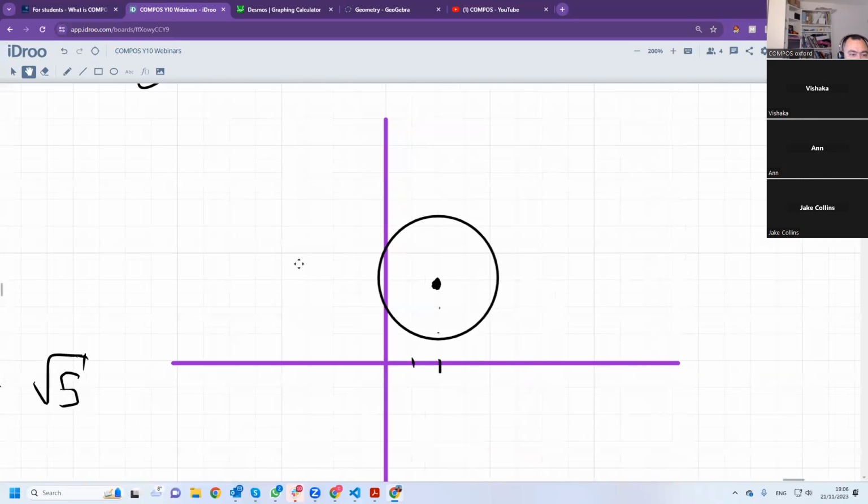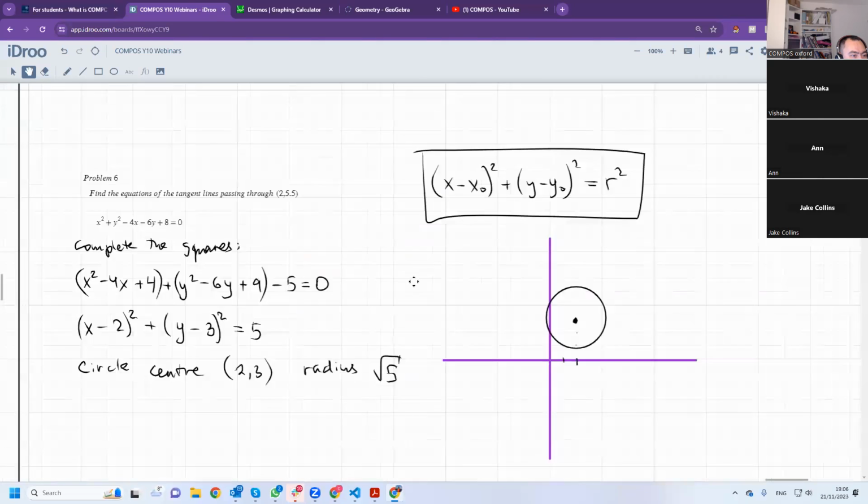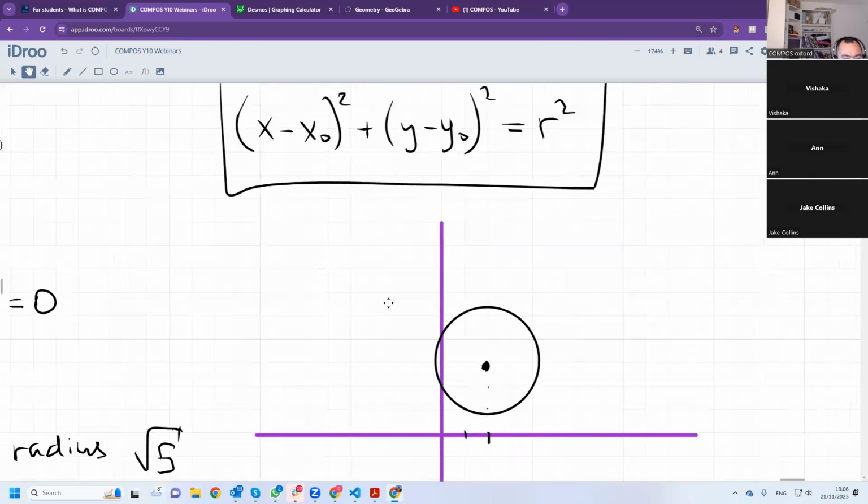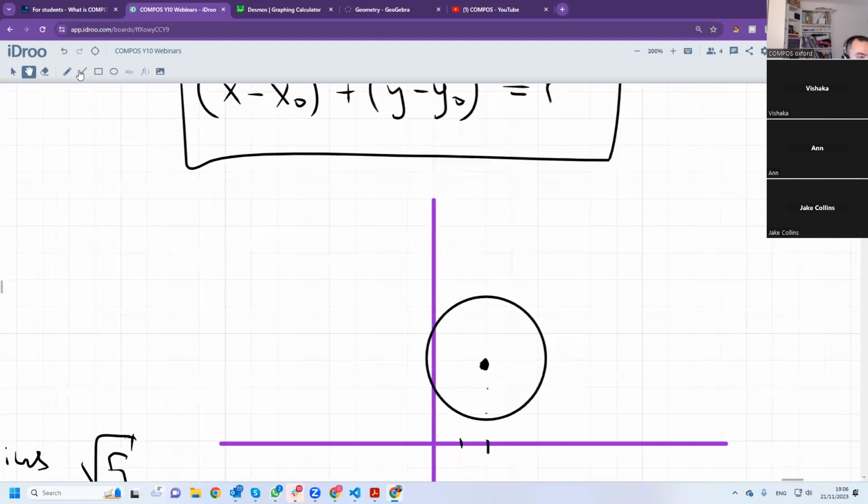Okay. Now we need a tangent drawn from (2, 5.5). 5.5 is here. And we have a tangent line drawn to the circle.